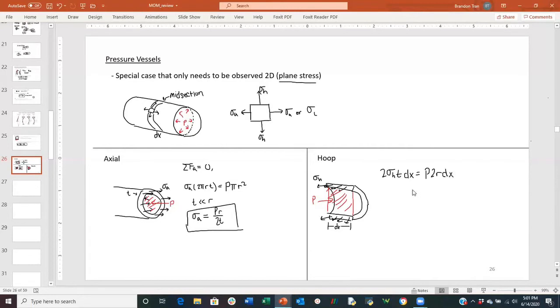Very self-explanatory. If you rearrange everything, you get that hoop stress is equal to pressure times the radius divided by thickness. And from this derivation, it's fairly clear that the hoop stress is twice the axial stress. That's a little thing to remember as a shortcut if you just want to calculate one of these and remember this relationship.